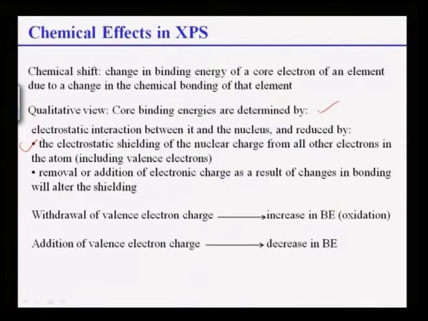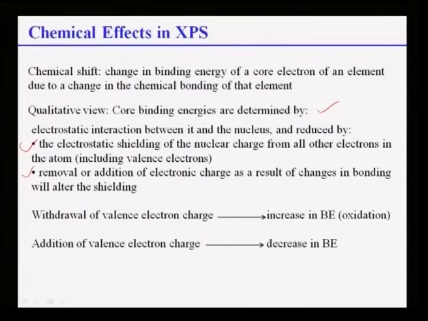The second factor is the removal or addition of electronic charge as a result of a change in the bonding, which will also alter the shielding. Yes, as an extra electron comes, that can alter the shielding. So the core binding energies are dependent on these two factors.